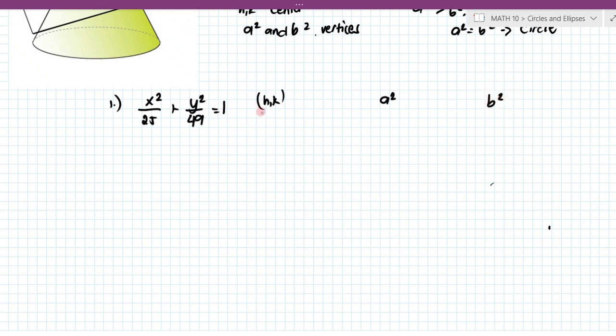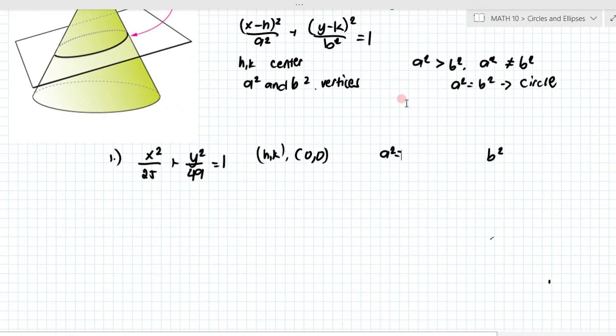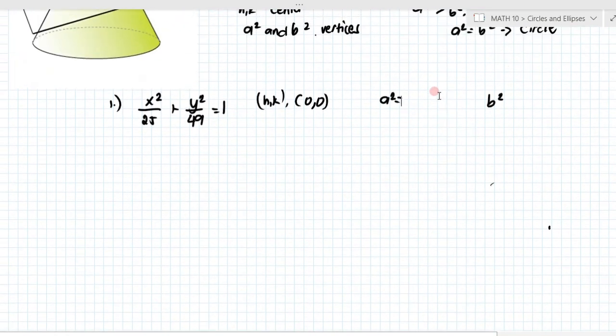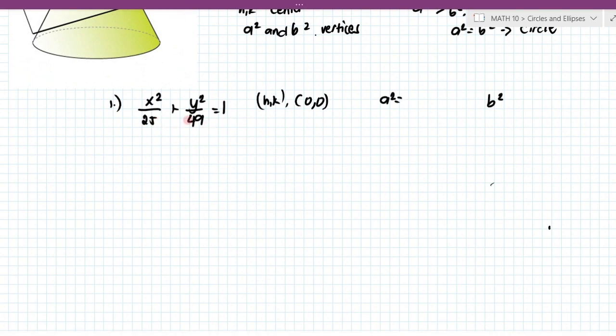So our h and k, the center, as you can see, there's only a single variable on the numerator. So automatically our center will be at the origin, which is 0, 0. Next, a squared. As defined earlier, a squared is greater than b squared. So between the two, 49 is greater than 25.